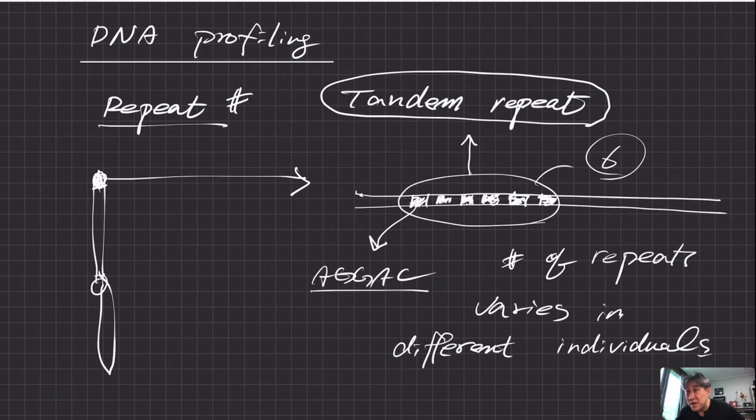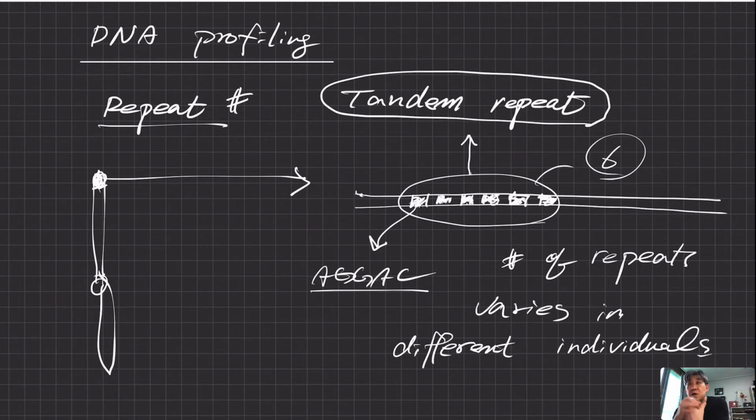So the point is, everybody has different repeats. Or maybe another person has exactly the same number of repeats, 6 over here. However, this type of repeat sequence is everywhere on your genome. You have 23 chromosomes, and the diploid number of your chromosomes is 46, and sometimes even between two homologous chromosomes, the number of repeats could be different.